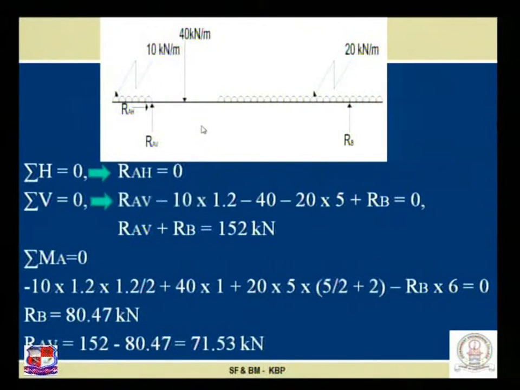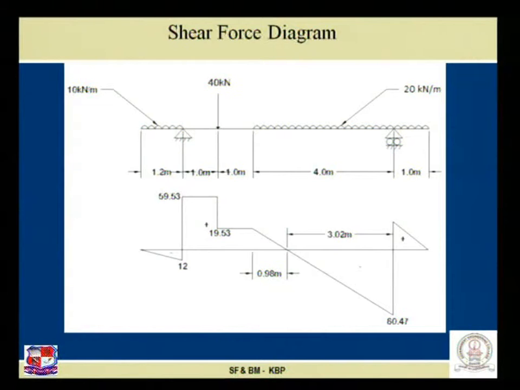So now, step number 3 is the determination of shear force, and how to plot the shear force diagram has been explained in the previous series of lectures. Today I am not going to repeat the same thing, but let us recall the relationship between the loading and the shear force diagram.